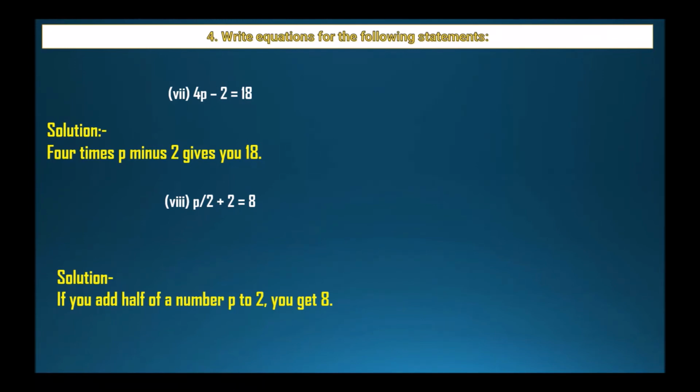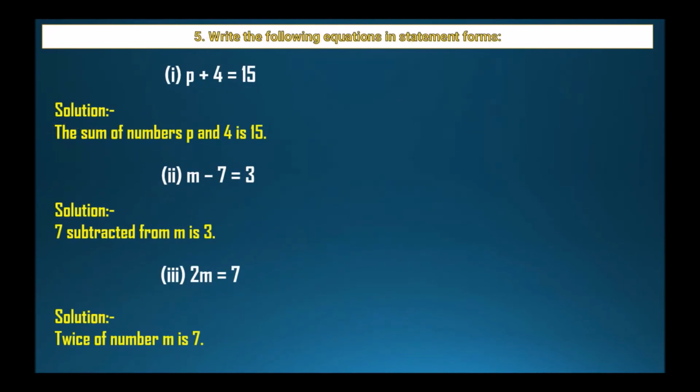p plus 4 equals 15. The sum of numbers p and 4 is 15. m minus 7 equals 3. 7 subtracted from m is 3. 2m equals 7. Twice a number m is 7. m upon 5 equals 3.